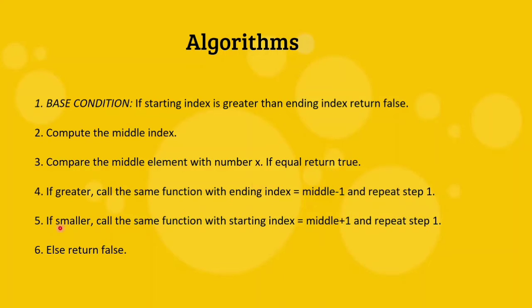If it is smaller, call the same function with the starting index equal to middle plus 1 and repeat the step. And till the end, if we are not able to find it, then we will return false. In this way, it works by using recursion. It is so easy. Let's write our code in Visual Studio now.